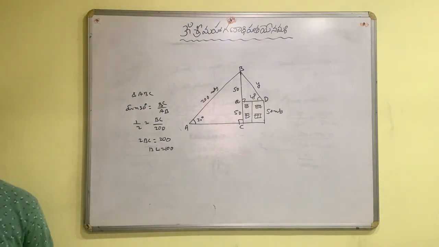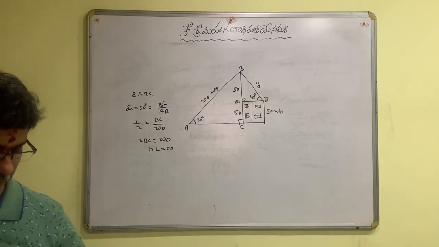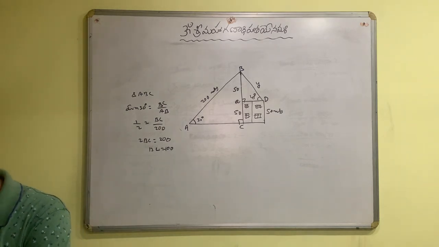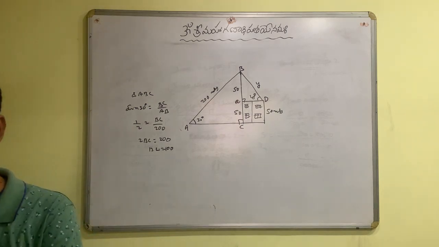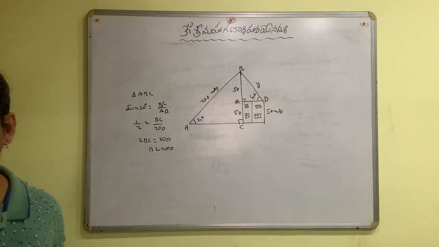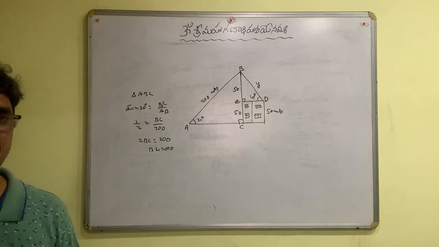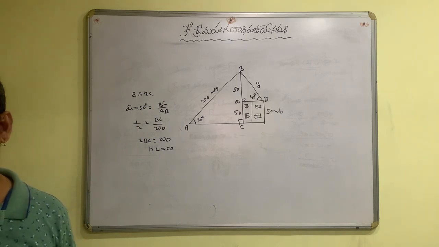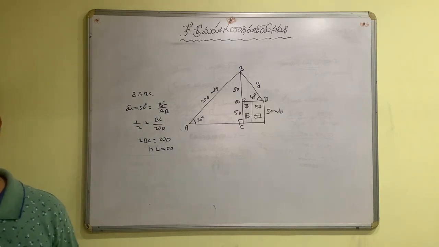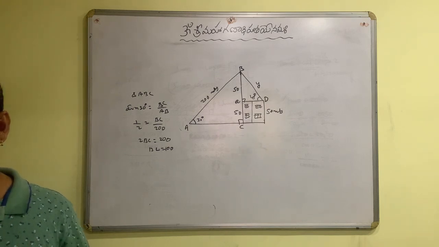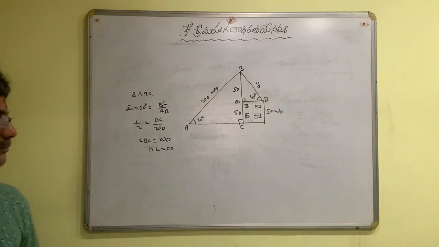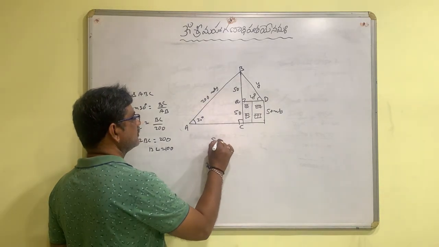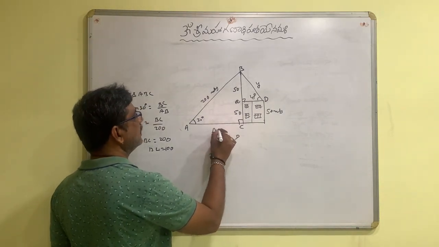Now what is y there? What is y value? Again we need to apply sine 45 degrees. Sine 45 is equal to BQ by BD, in triangle BQD. So 1 by root 2 is equal to 50 by y.